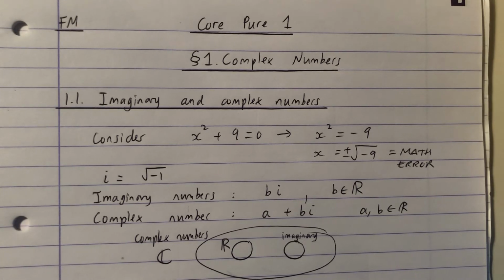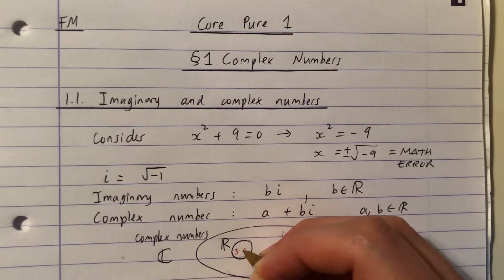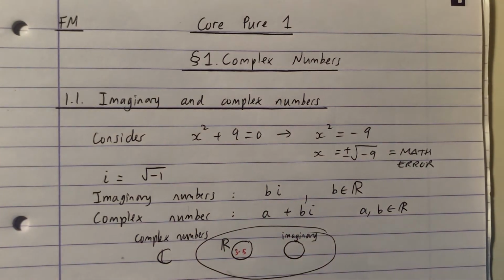And again, that's a subset because you could write every single imaginary number as 0 plus something i, so that's why it's a complex number. And complex numbers is the big set, then you've got the real numbers and the imaginary numbers. Now, if you want me to actually place some numbers in there, for example, 3.5 would be a real number, that'd be in there.